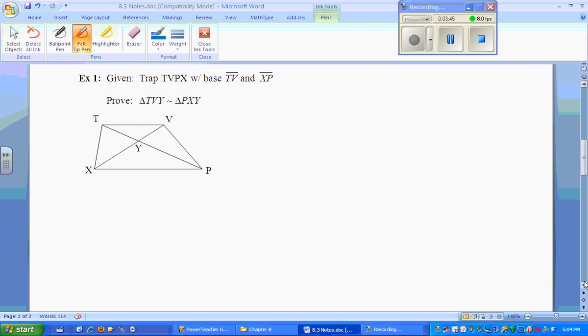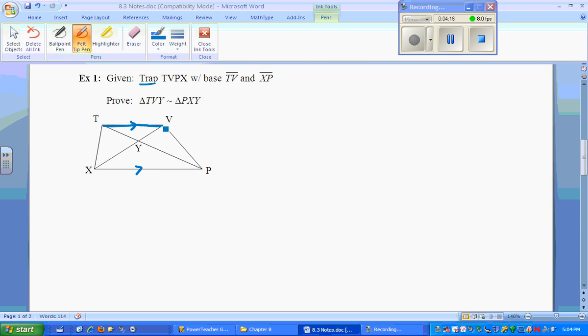Looking at example 1 here, we're given that this is a trapezoid with the bases here and here. What do you know about a trapezoid? That's right, it's off by itself in the family tree, and only one set of sides are parallel. So these lines are parallel, which brings us to the idea of parallel lines, which give us some type of angles, either congruent or supplementary.